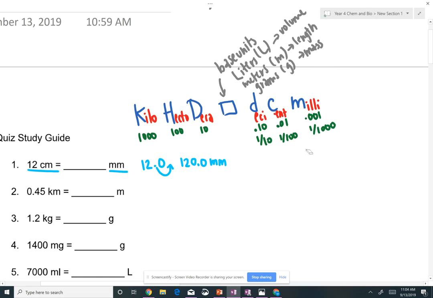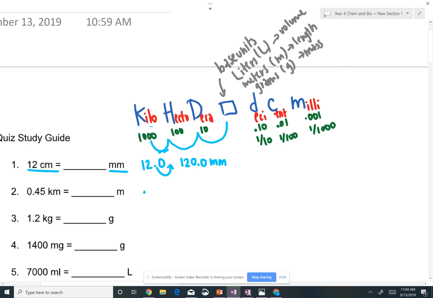For our next problem, we have 0.45 kilometers to meters. Same thing. I find my kilo, which is 1,000, and then I go all the way down to meters. So I go 1, 2, and 3, and I get all the way down to meters. Then I do the same thing with the number they give me.